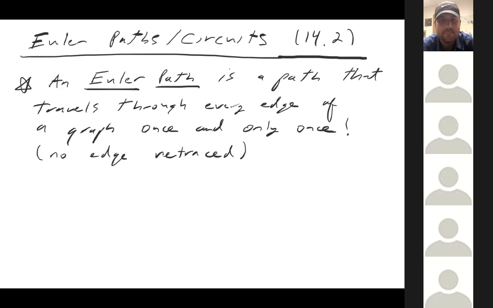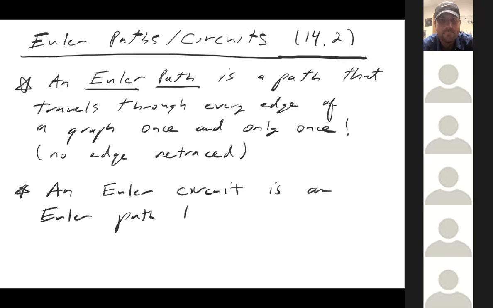Okay, let's talk about an Euler circuit now. An Euler circuit is just an Euler path that begins and ends at the same vertex.